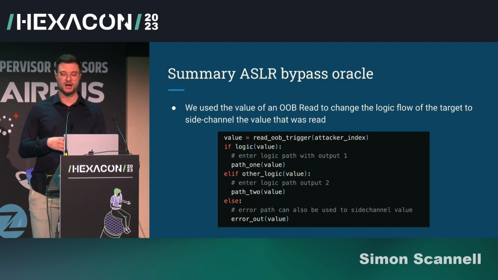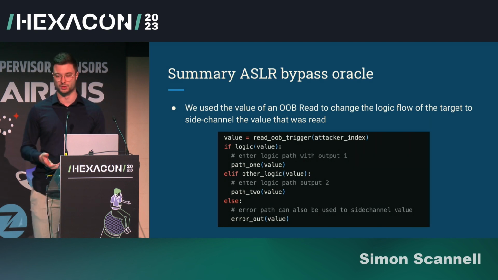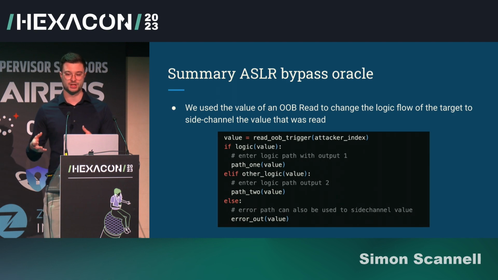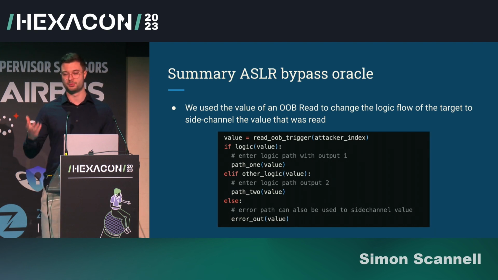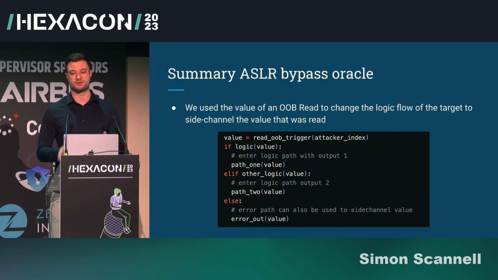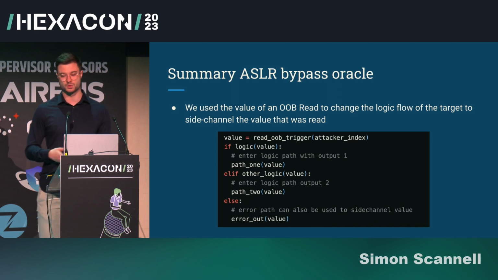And then this value is maybe not reflected back to the attacker in any way. It's just not possible to see what that value was. However, if some logic is performed on this value, there could be different code paths that are entered. And if an attacker can observe what behavior occurs from the application, they might be able to derive what the value was. So this will not work for every out-of-bounds read, but it does work sometimes.